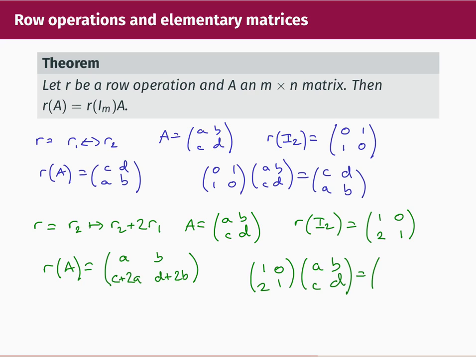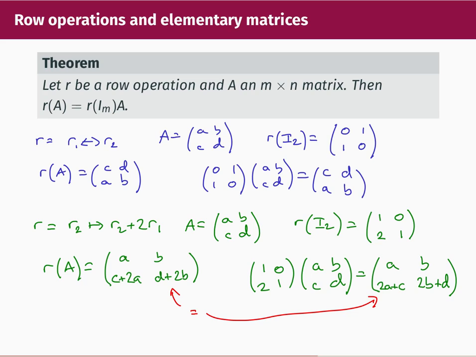Well, you can see that the first row is going to be the same as the first row of A, because I'll get 1 times A plus 0 times C in position 1, 1, 1 times B plus 0 times D in position 1, 2, and next in position 2, 1, I'll get 2A plus 1C, and in position 2, 2, I'll have 2B plus D. So these two things are equal, and that illustrates the theorem in this particular special case.